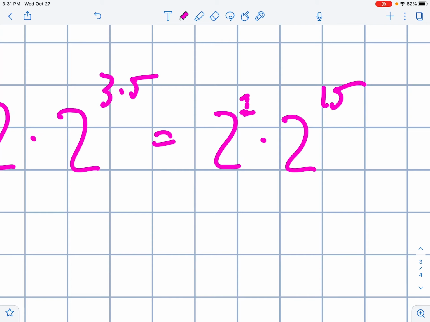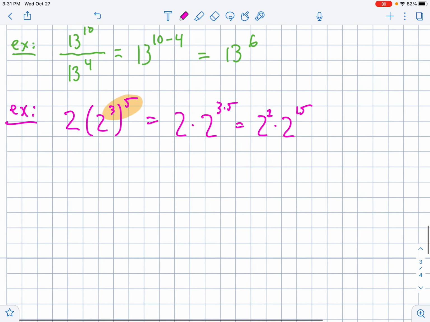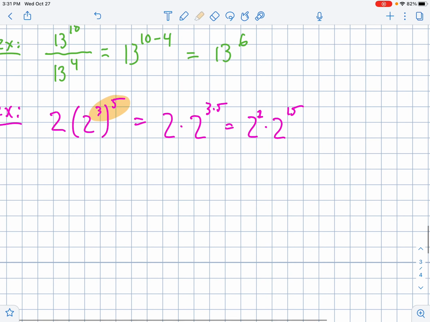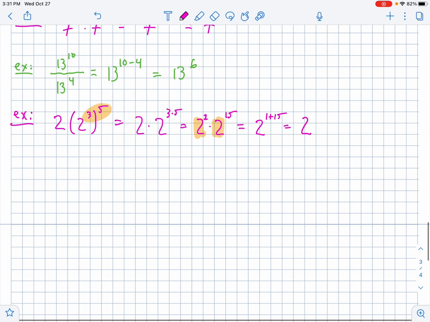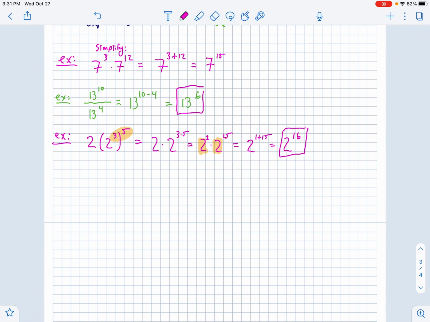We just don't write it. So there is a 1 power on things whenever there's no power written on them. So this can be simplified further because here, same base, same base. This is 2 to the 1 plus 15, which is 2 to the 16th. Oh, I started boxing my answers. I better do it.